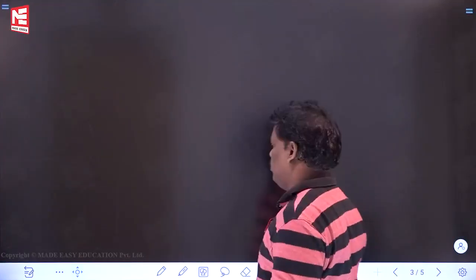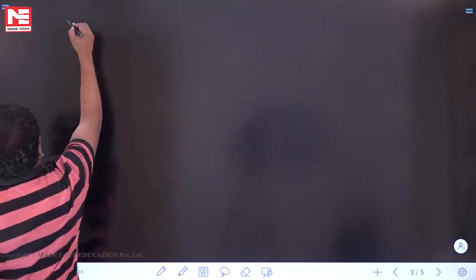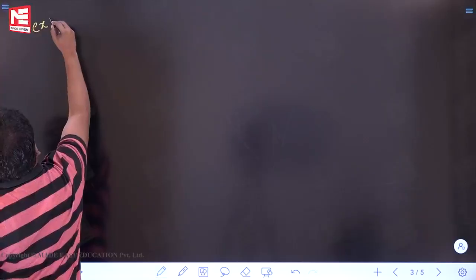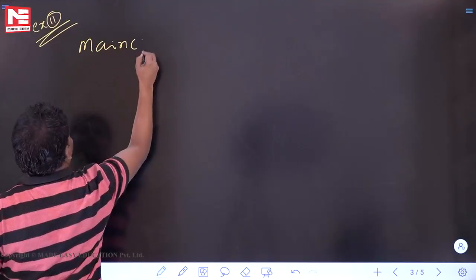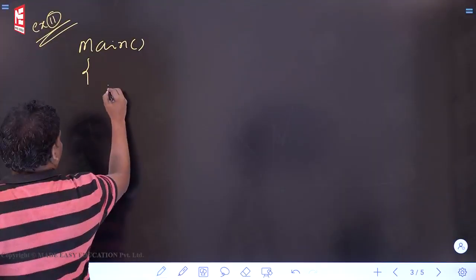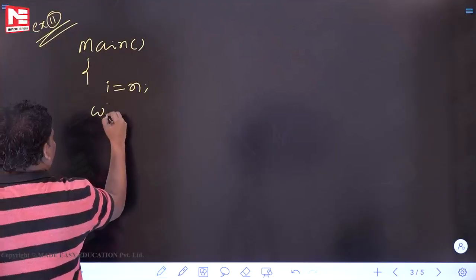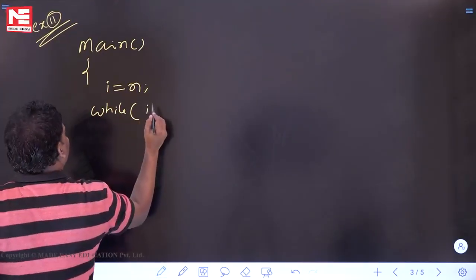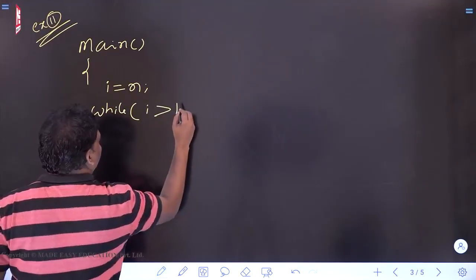See one more problem. See this problem also. i = n, while i greater than 1.